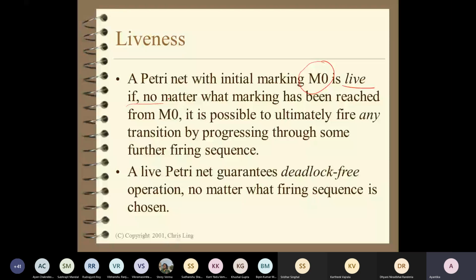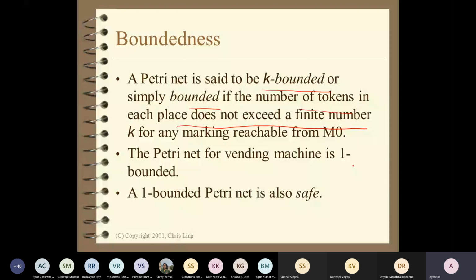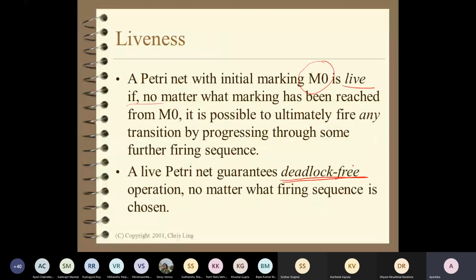So that means checking your design, especially in a concurrent scenario, whether it is deadlock free or not. So we talked about three main properties of Petri nets that are important to analyze. One is reachability, starting from an initial marking, where you are reaching. Second is liveness, and the third one is boundedness, the maximum number of tokens possible in one place.